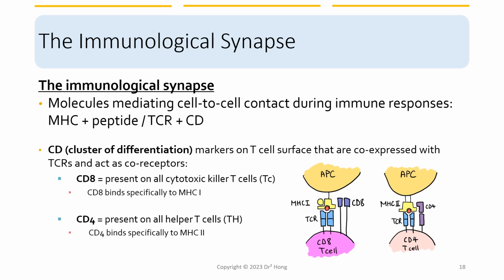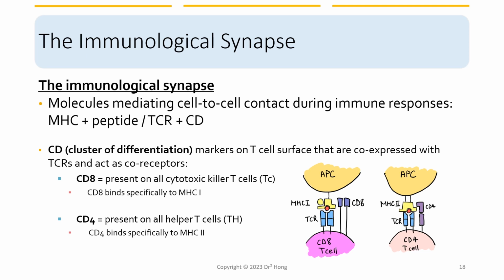Then you ask me, how should I remember CD4, CD8, MHC class 1 and MHC class 2? It's very confusing. There is one easy way to remember this. CD8 pairs with MHC class 1. So 1 and 8: 1 times 8 equals 8.